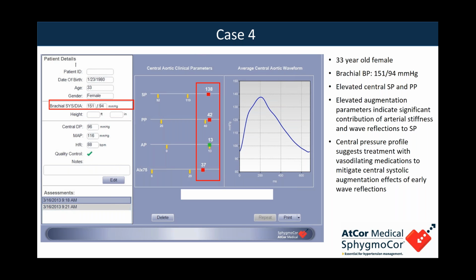And her arteries are obviously stiff and contributing to an early reflected wave, and this person would benefit from vasodilators again.